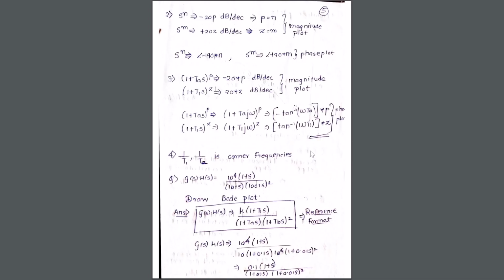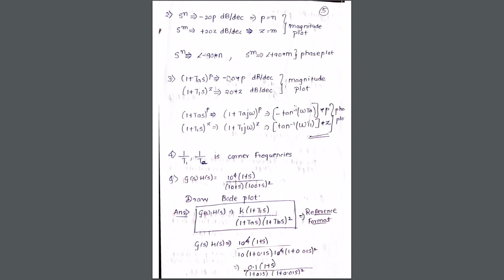What is the contribution of 1 plus s? Why 1 plus s? Because I am talking about the frequency 1. 1 plus s is in the numerator, and it is given as 20 into z, that is 20 into 1, because z stands for 1 here, as we have only 1 zero. Therefore, we have plus 20 dB. I hope I am very clear to you.